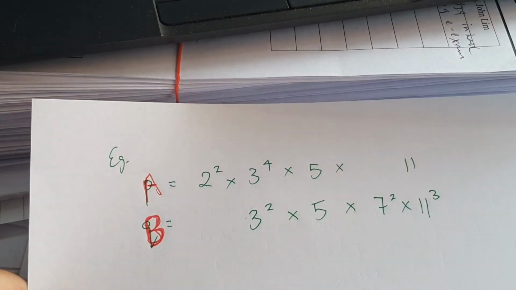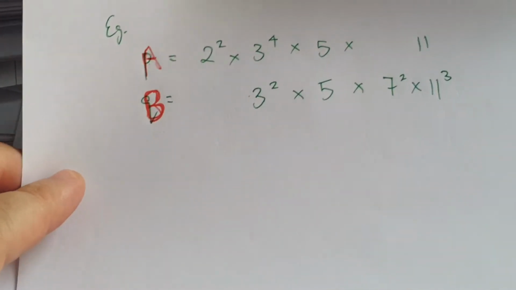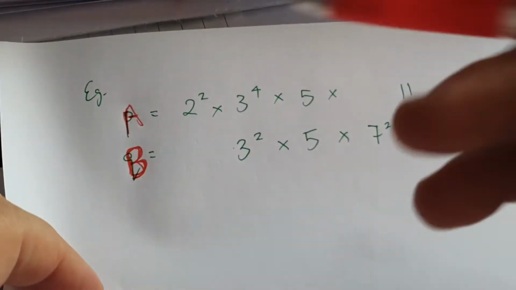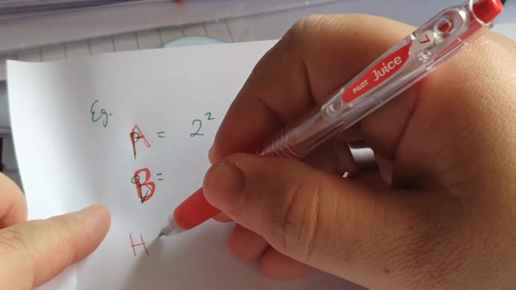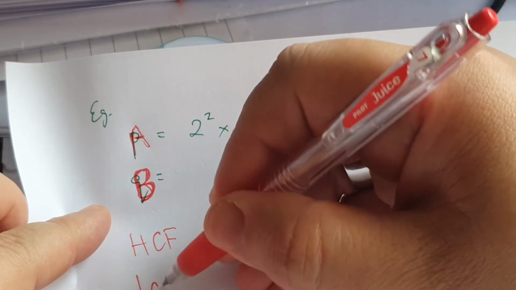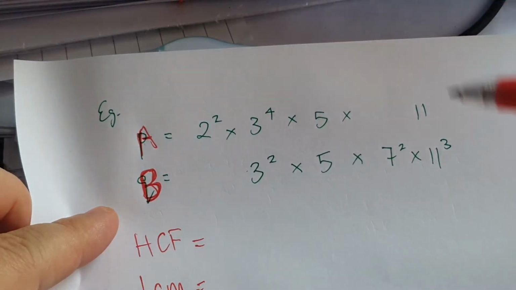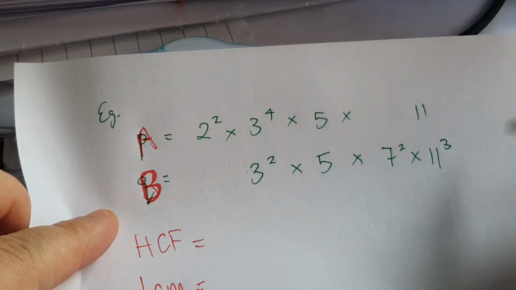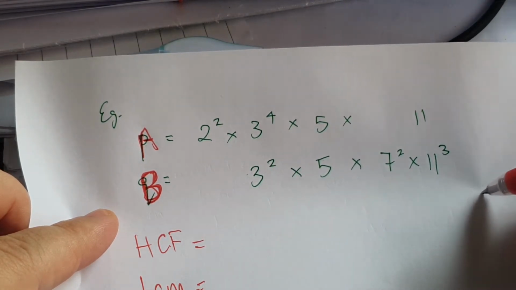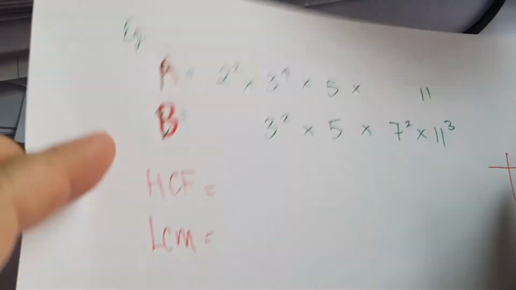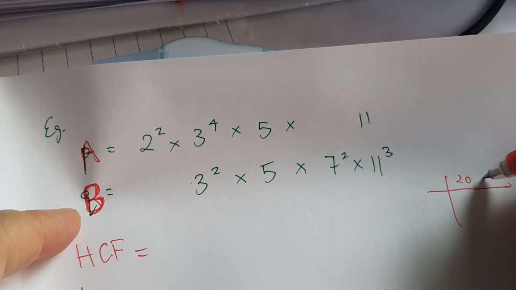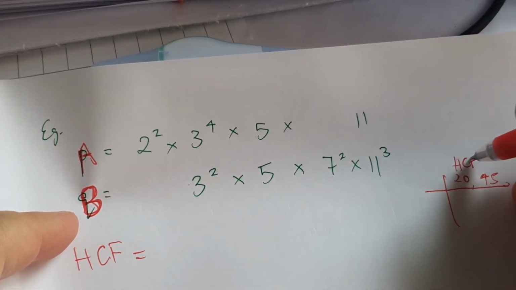If I give you these two numbers, then I ask you to find the HCF and then the LCM, how do you do that? It's very simple. I don't know whether you learned this in lower secondary. Let's say 20 and maybe 45, and you want to find the HCF.